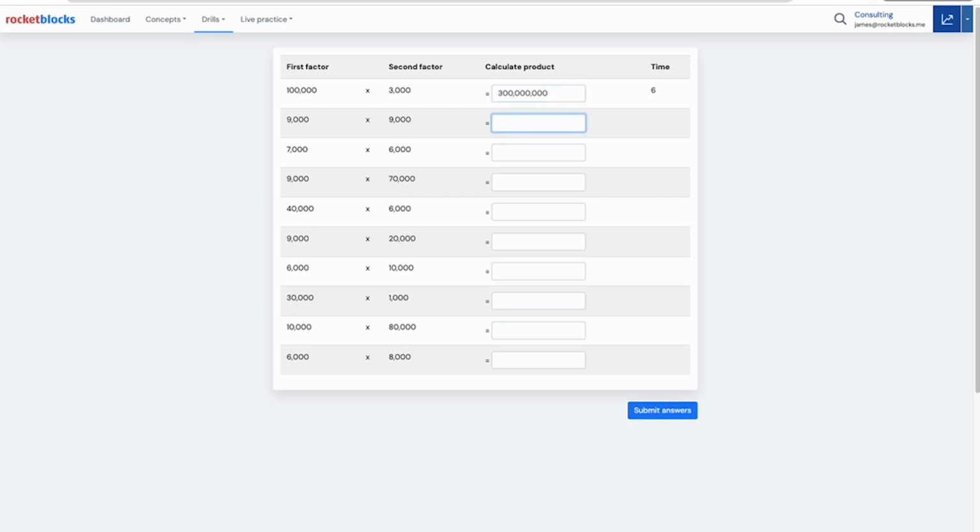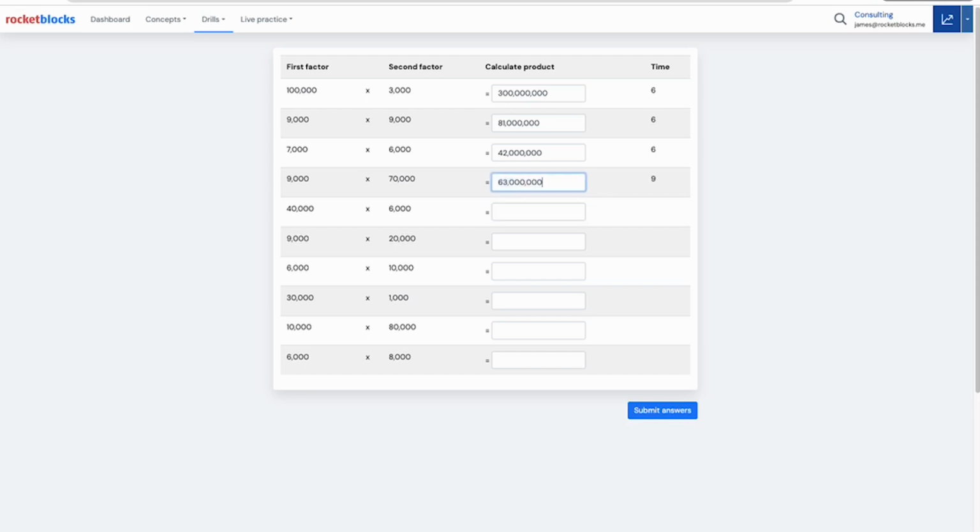There it is. 9,000 times 9,000 is 81, and 1,000 times 1,000 is a million, so that's 81 million. 7,000 times 6,000 is 42 with a million. Oh, not 62. 70,000 times 9,000, this is 630 million. Like that.